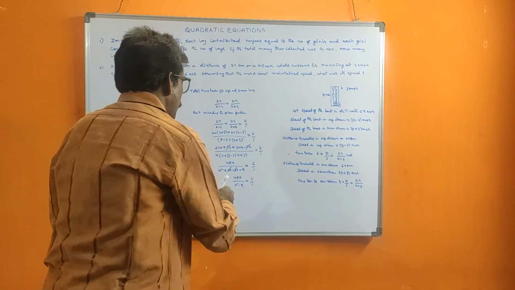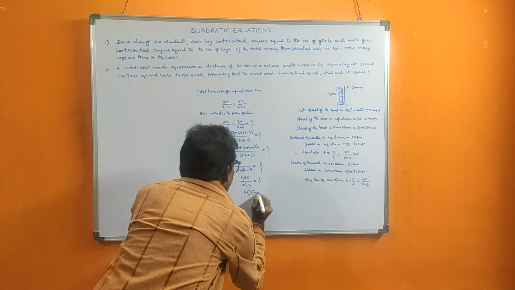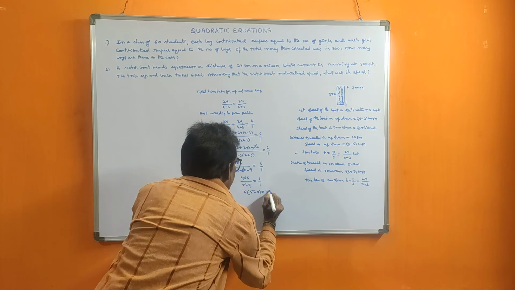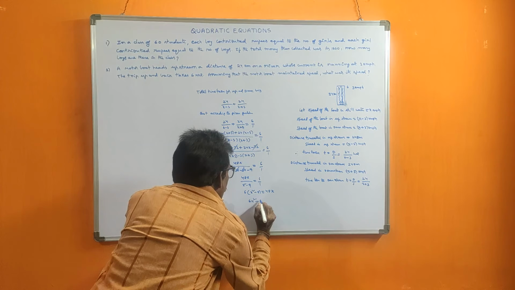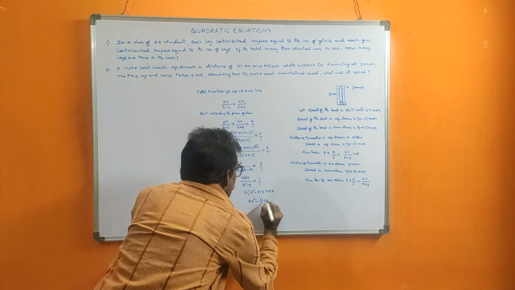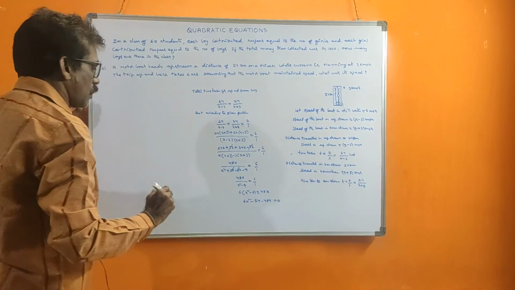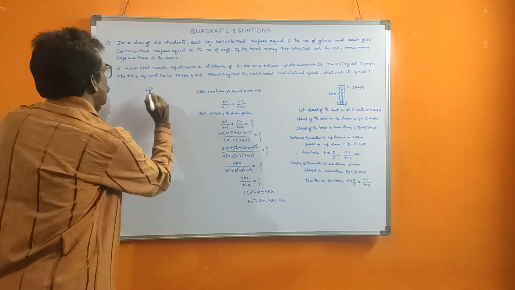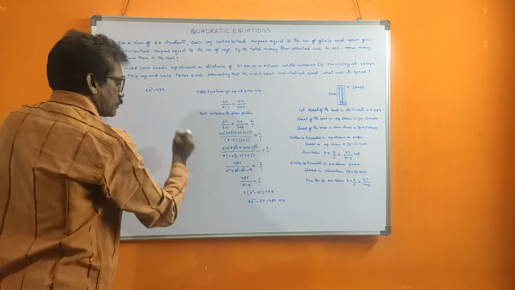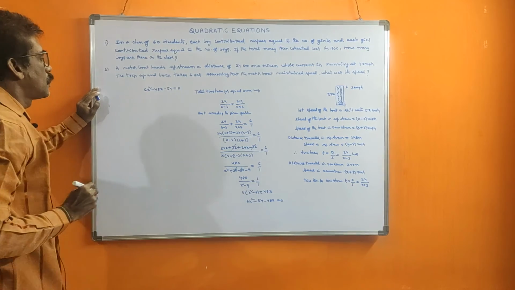Okay. Now by cross multiplication, 6 into x square minus 9 is equal to 1 into 48x, that is 48x only. So 6x square minus 54, this comes to this side, minus 48x is equal to 0. Now what is the quadratic equation? 6x square minus 48x minus 54 is equal to 0.